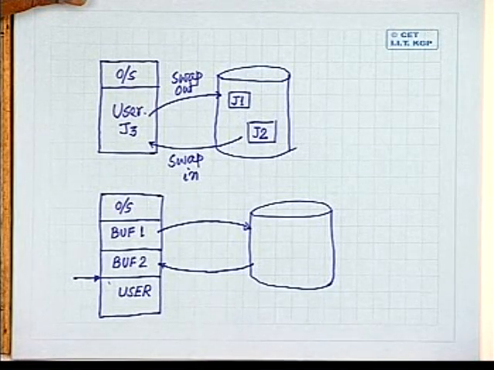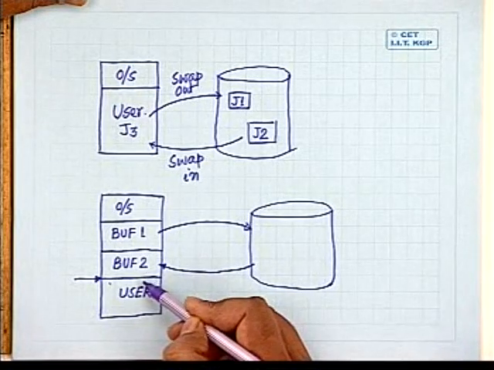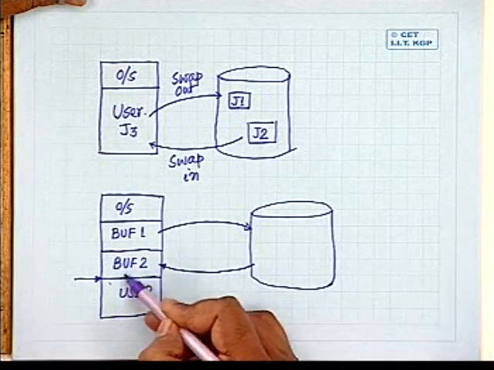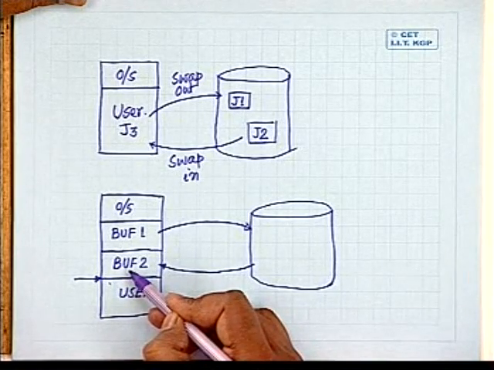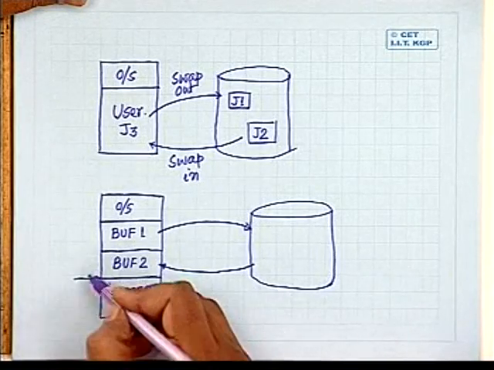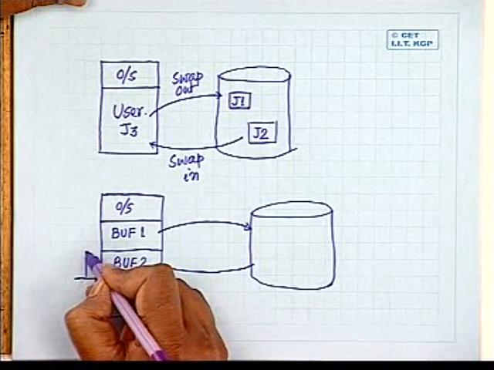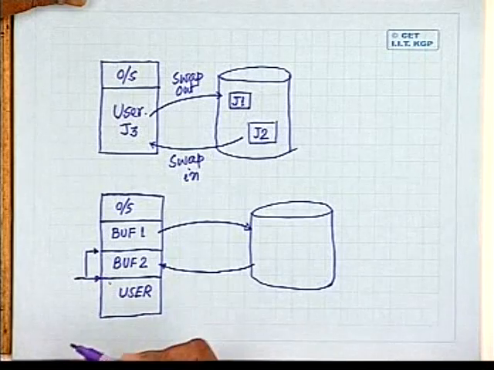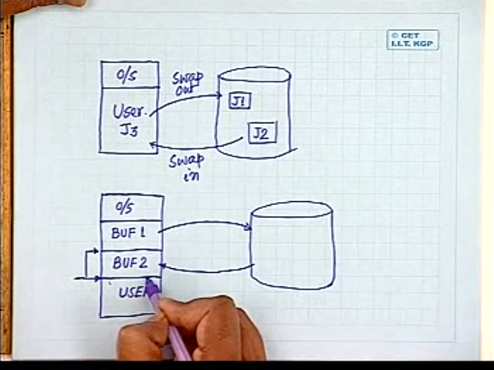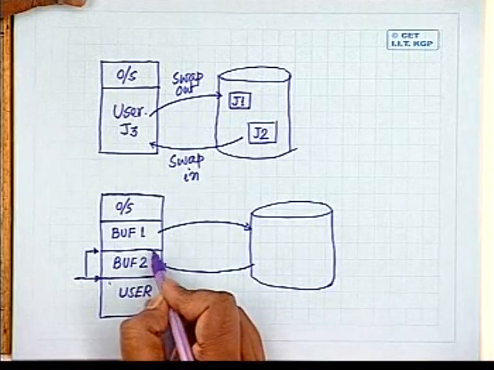Okay. Now the process can be made still faster in the sense that, as I know that the next program to be executed is in buffer area 2, instead of transferring the block from buffer area 2 to user area, I can simply shift the fence address from here to here. Okay, and let the next program be executed from this location itself.